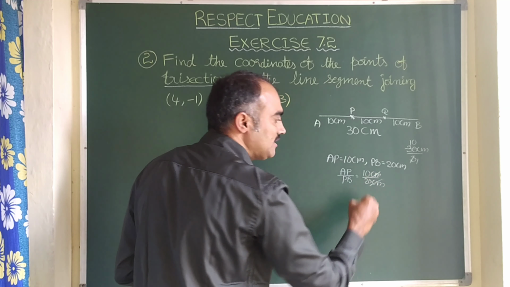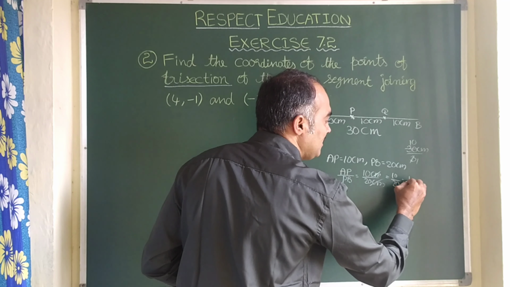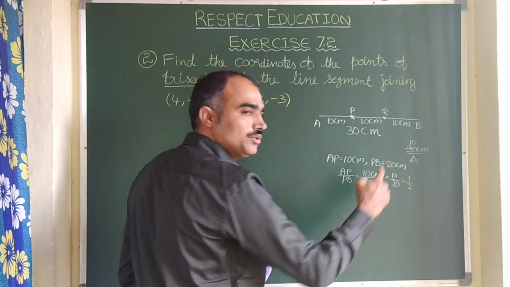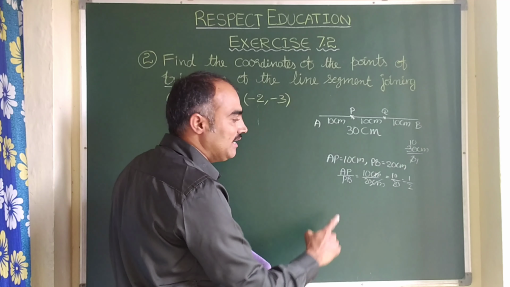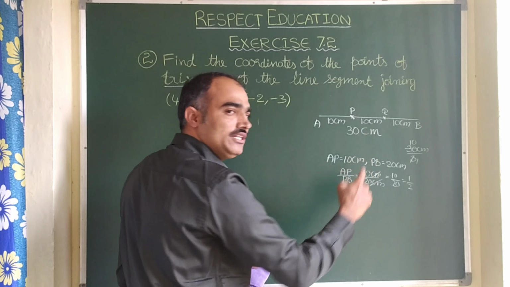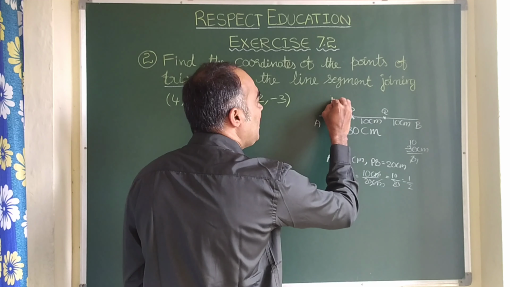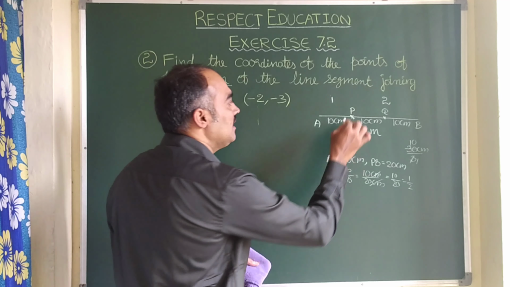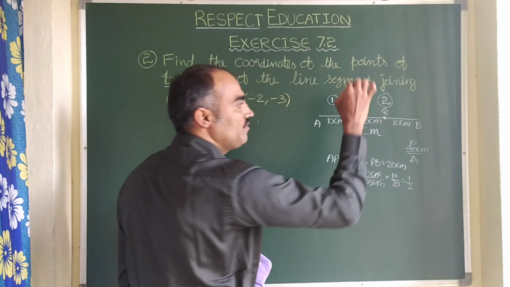Let us cancel centimeter. So we get 10 by 20, which is 1 by 2. Ratio means 1:2. If AP by PB is 1 by 2, then AP is to PB is 1:2. So P divides AB in the ratio 1:2.